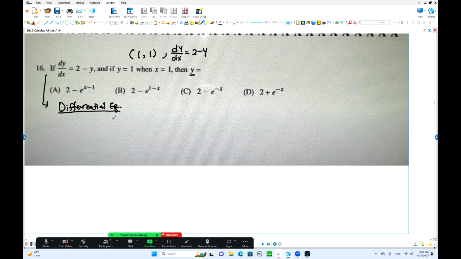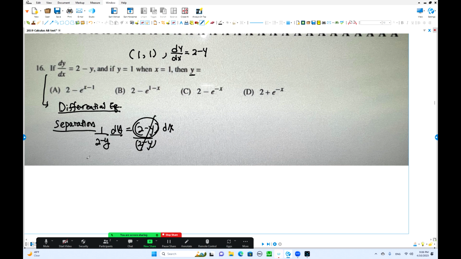To solve this one, separation, always. All variable y to the left, all other variable x to the right. We have 2 minus y there. dy equals 2 minus y times dx. But the whole thing, we cannot separate this one. The whole thing moves to the left, so you divide by 2 minus y there.